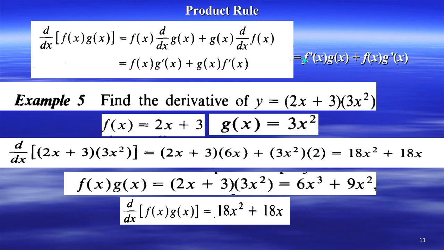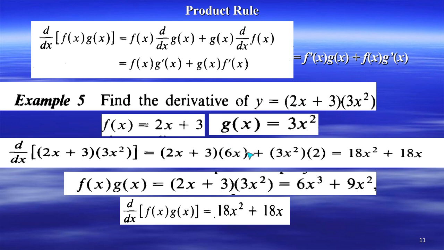Or if we apply the general formula, f prime of x times g of x plus f of x times g prime of x, we take the derivative of the first one, which is 2, and multiply it by the second one, 3x squared, plus the first one multiplied by the derivative of the second one, which is 6x.